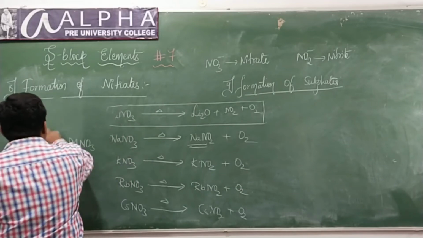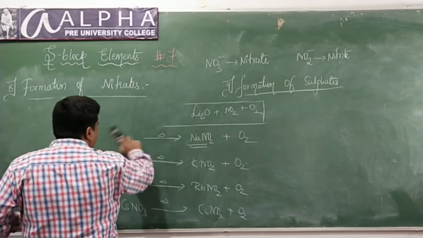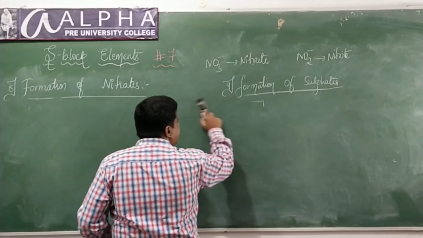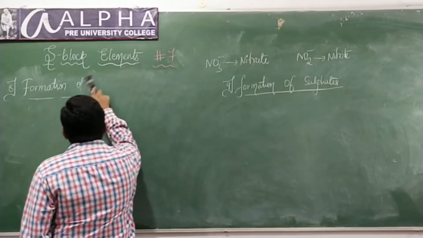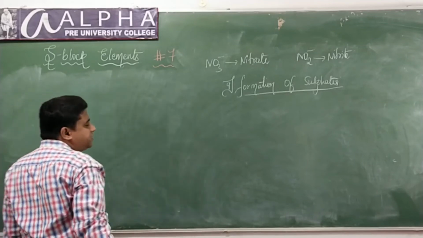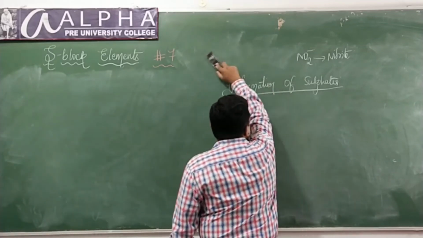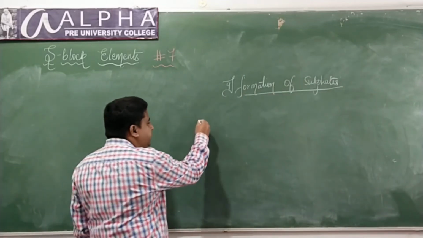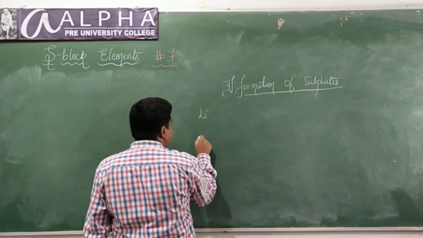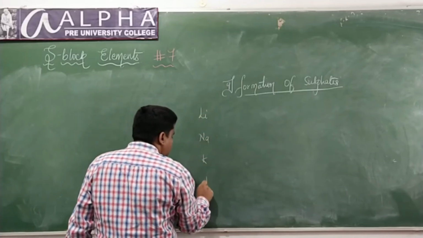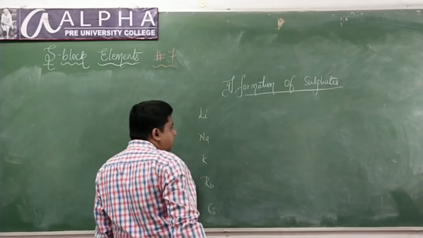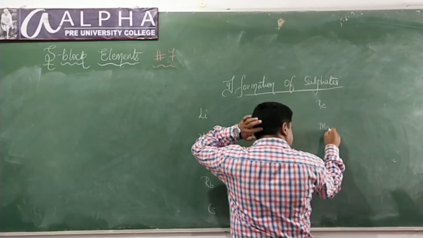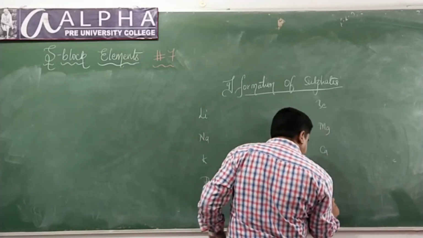Now, formation of sulfates, the last chemical property of alkali metals and alkaline earth metals. We have alkali metals: lithium, sodium, potassium, rubidium, cesium, and then beryllium, magnesium, calcium, strontium, barium.